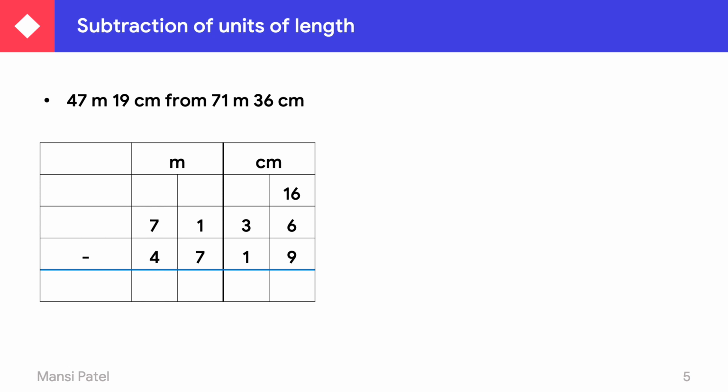So 6 becomes 16 and 3 becomes 2. Now 1 minus 7 is not possible. So we borrow from 7. So 1 becomes 11 and 7 becomes 6. Now just do the subtraction. 16 minus 9, 7. 2 minus 1, 1. 11 minus 7, 4. 6 minus 4, 2.